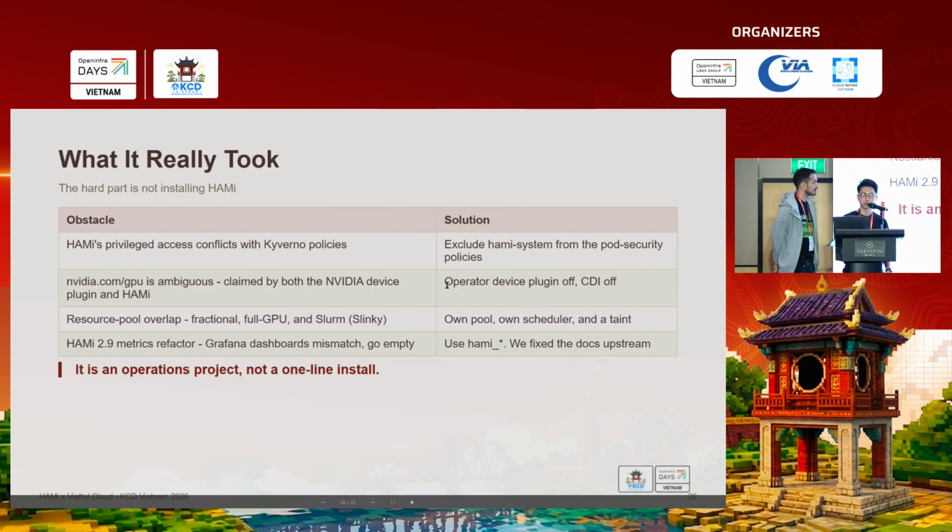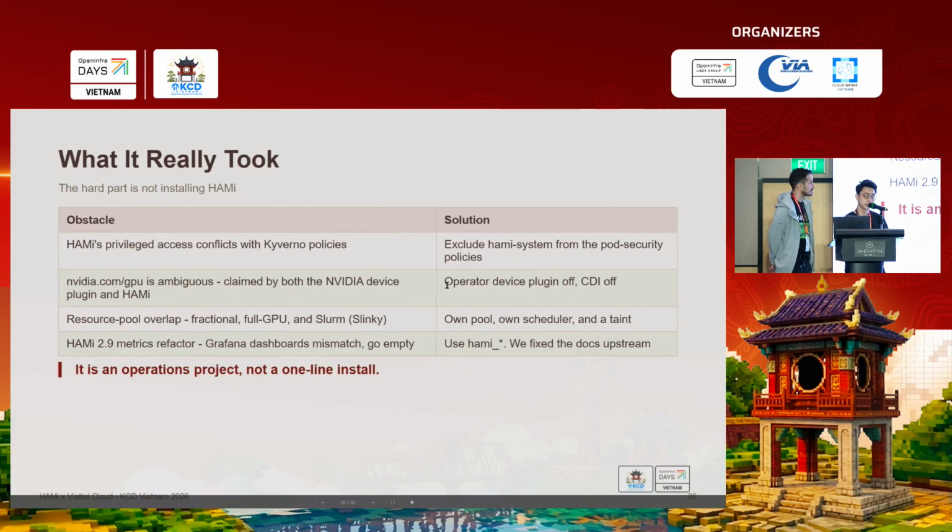The next obstacle is resource pool overlap. In one cluster, we have some nodes for fractional GPUs, some nodes for full GPUs, and some nodes for Slurm jobs. We use Slinky in Kubernetes. The solution is simple: use our pool, our scheduler, and label nodes for the purpose.